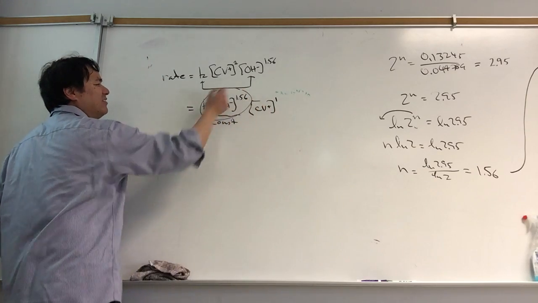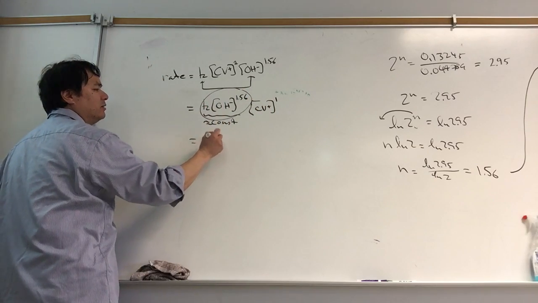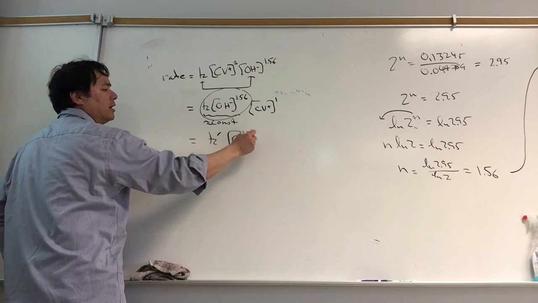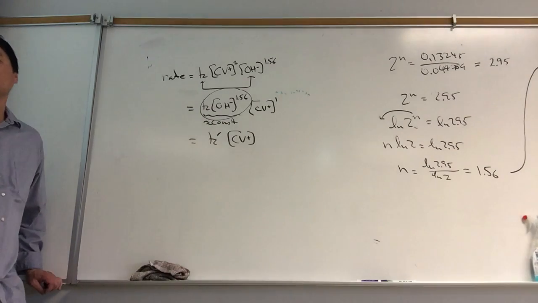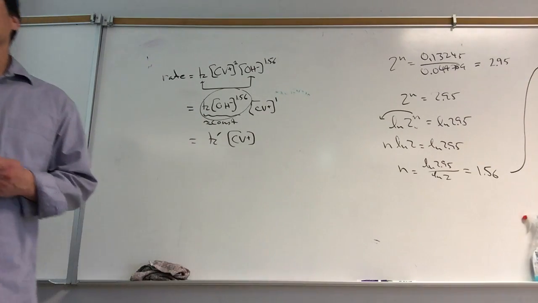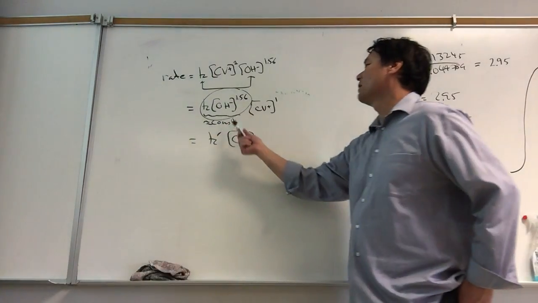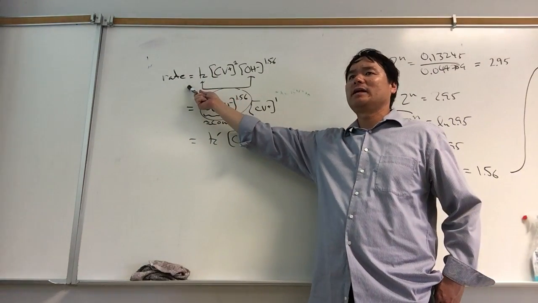Since this whole thing stayed relatively constant, we called it a new rate constant, K prime. In other words, hydroxide doesn't change during the course of the experiment, so it's not going to have any impact on the rate.